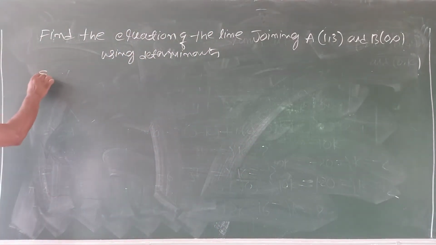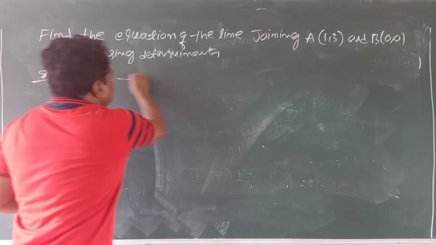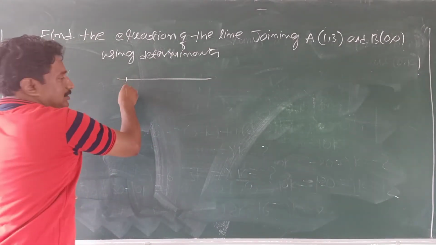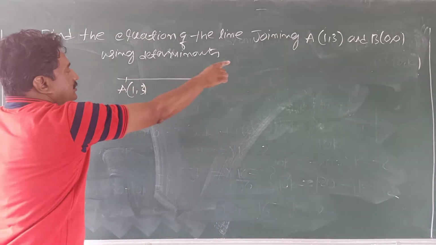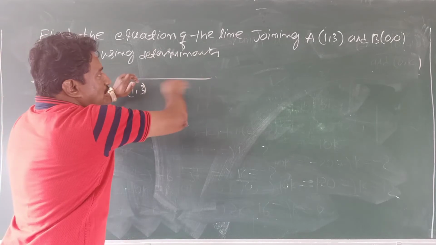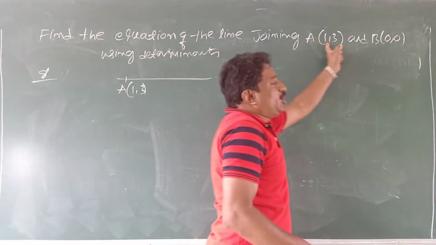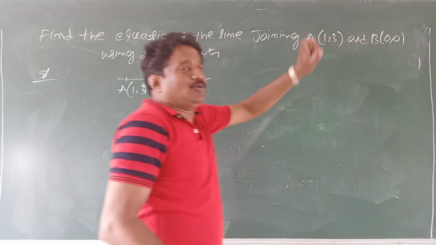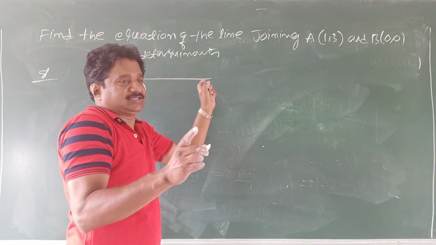And look at this. Here, find the equation of the line. The equation of a straight line is required. If I join these 2 points, I am going to get a line, and the equation of that line is asked.